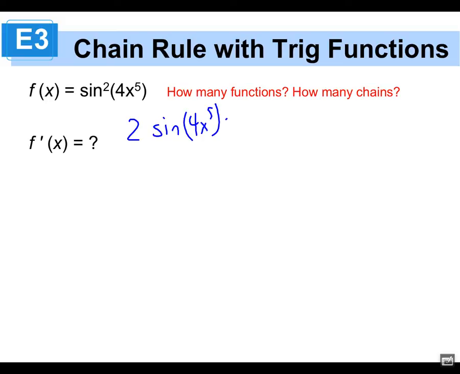First chain, which is the next function inside, moving inward from the squared: sine. What's the derivative of sine? Cosine, of this stuff still. Second chain, inside most function: 4x to the 5th.